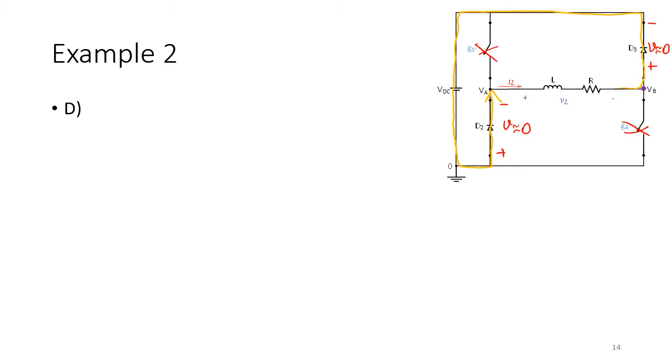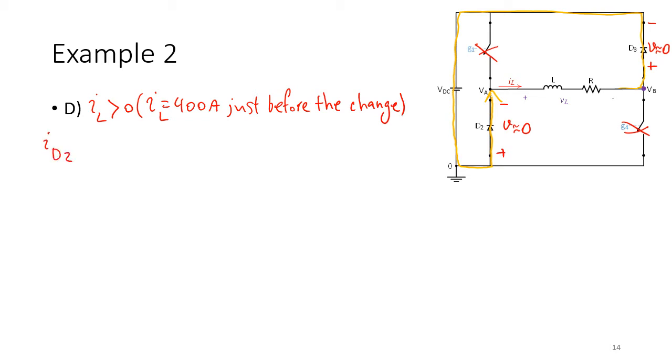Okay. So similar to the last part, IL is greater than 0. IL, in fact, is equal to 400 ampere just before the change. So this time ID2 will be equal to ID3, which equals IL.